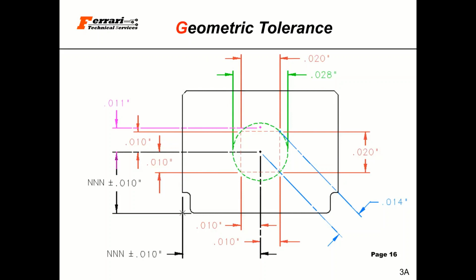Here is the slide that we saw previously, but you'll notice I have something else on there. I have a circle around the middle. Now that circle, that green circle, if you notice, touches the corners of the square. That's very important. That circle now represents the diameter of true position.